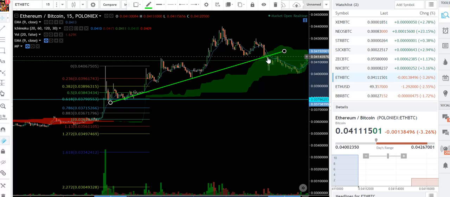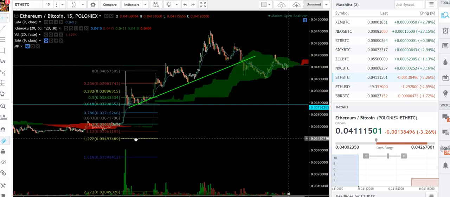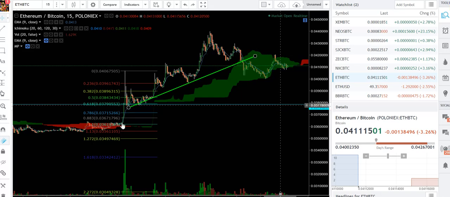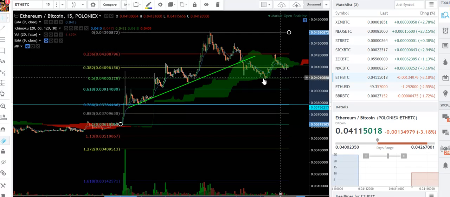When this broke and it went into the 15-minute cloud, that was our indication that this smaller move here might be getting a retracement of the whole move, meaning from where we started there to where we went to the top right here. That gives us an idea of where this entire thing from start to finish could retrace to since we broke this trend line. And where did it retrace back down to? The 50% mark of the entire move.